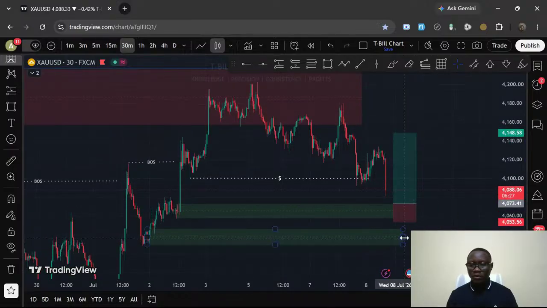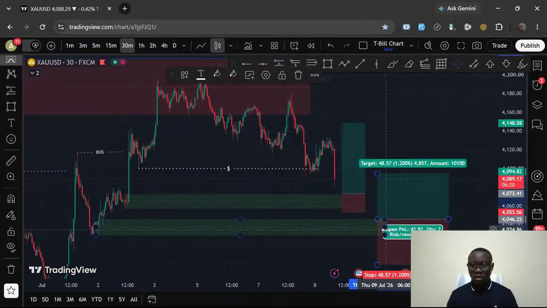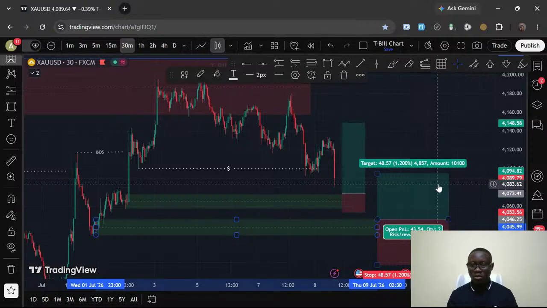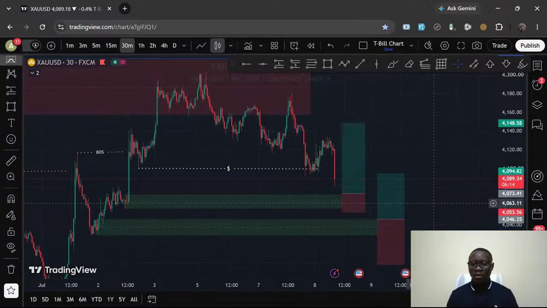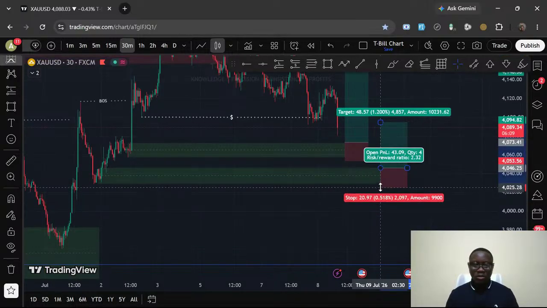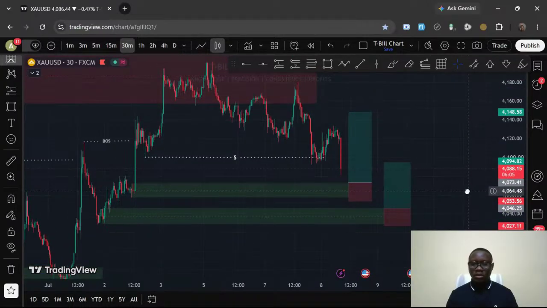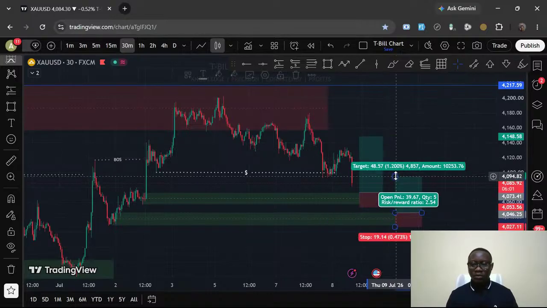And if that fails for any reason, we would consider taking a long at this zone right here. So again, our SL will be slightly below this. Okay, then our take profit can be this much.